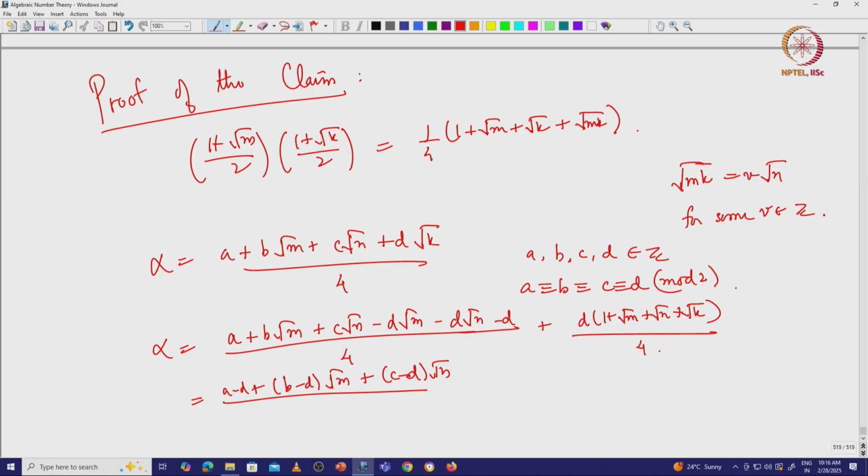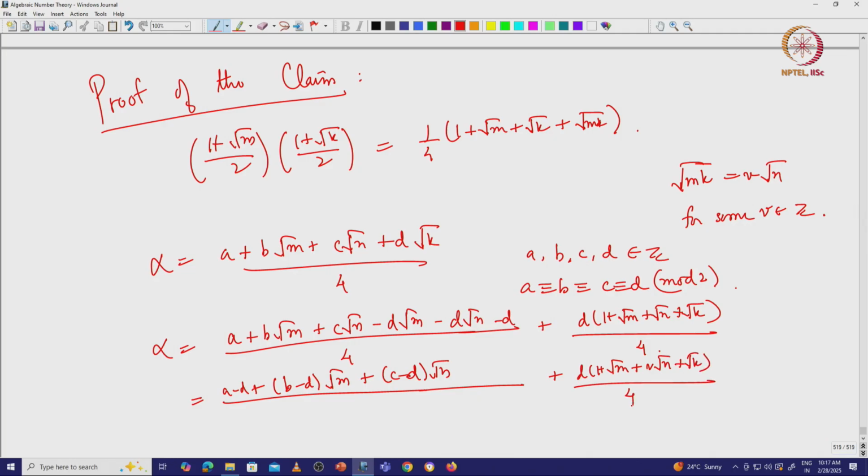Okay. But now here I want d times v square root of n, right. So I am going to write here: d plus 1 plus square root of m plus v times square root of n plus square root of k by 4.